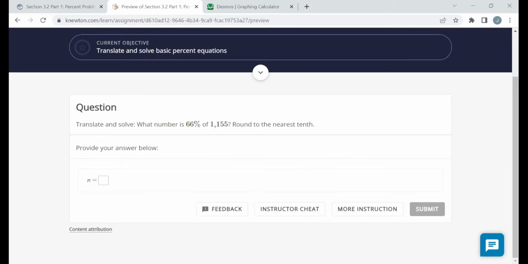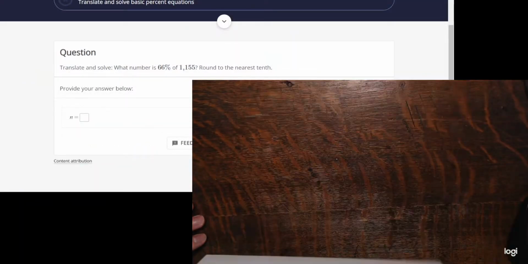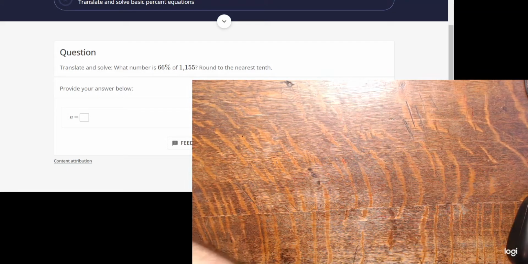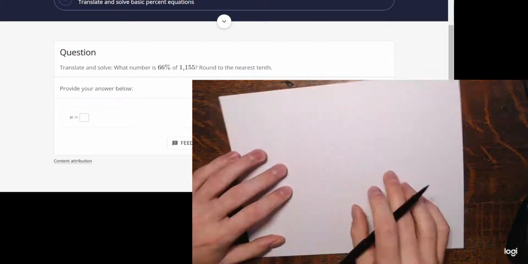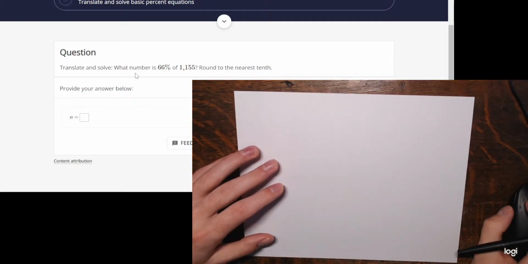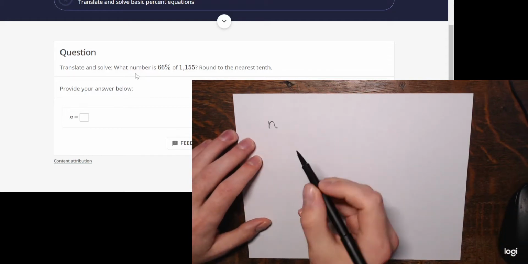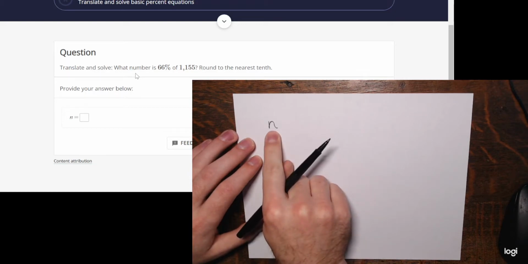All right, so I'll make sure you can still read that. New piece of paper. So, what number? I'm going to call that n for number. I don't know, I'll call it n.